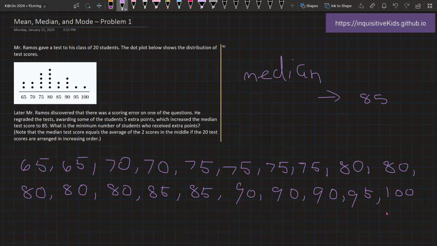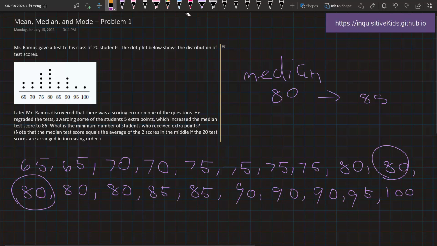So if we cancel out the same number from both ends, we start here and here, we go towards the middle. So we continue counting like this. And we find that since there are 20 students, an even amount of students, the middle 2 numbers are 80 and 80. Obviously, they're the same number, so the median would still be 80. The original median was 80, and now it's changed into an 85.